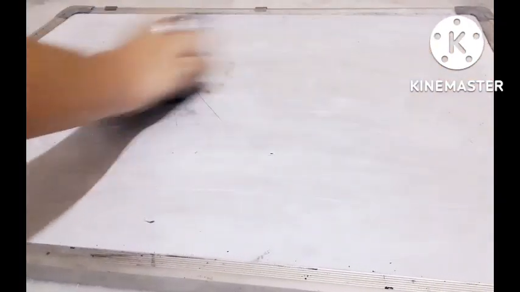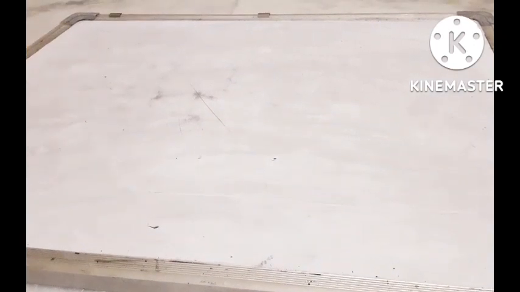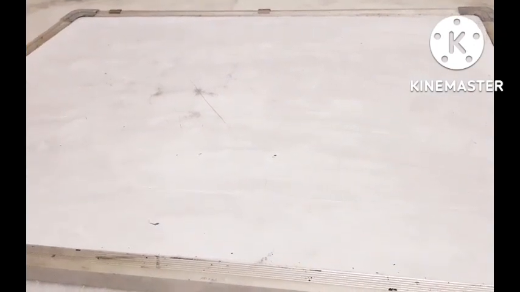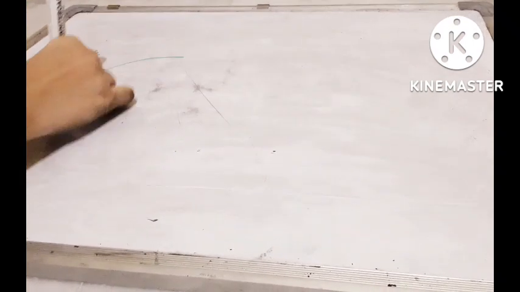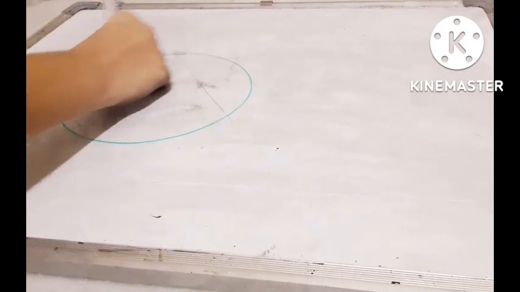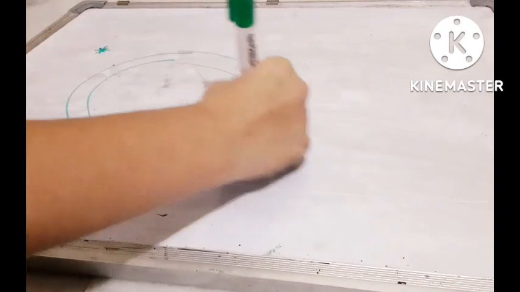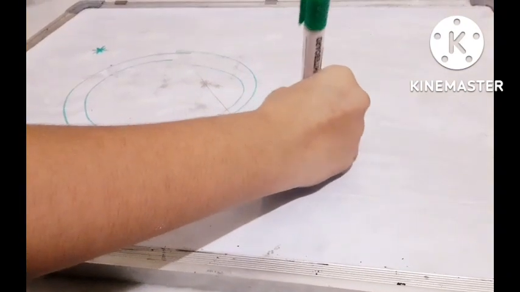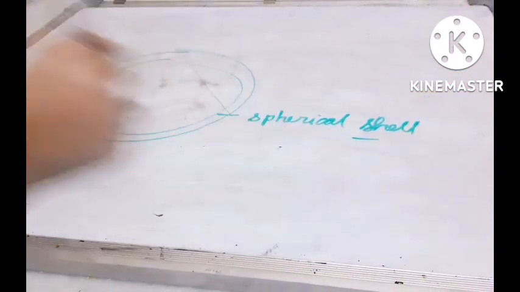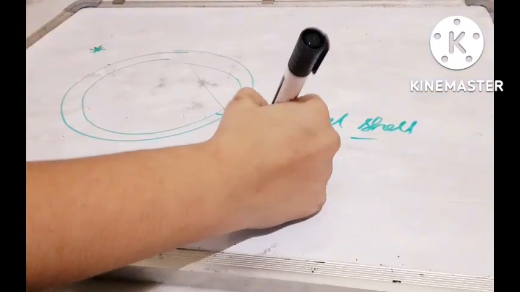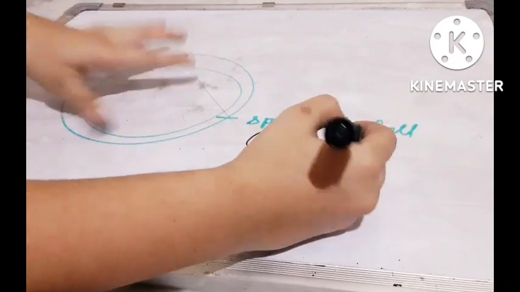Now, one more point. Sometimes in theory questions they can ask: suppose this is your spherical shell. What do we mean by a shell or spherical shell? It's nothing but a hollow sphere, meaning there is no mass inside.